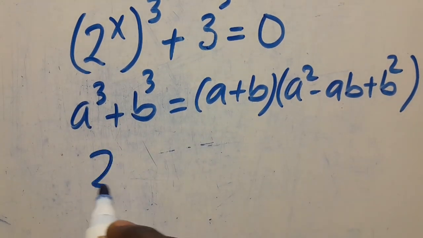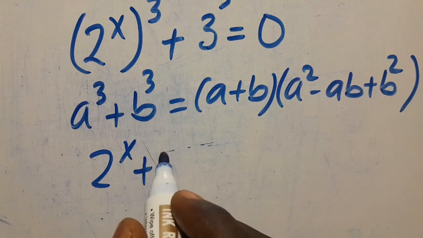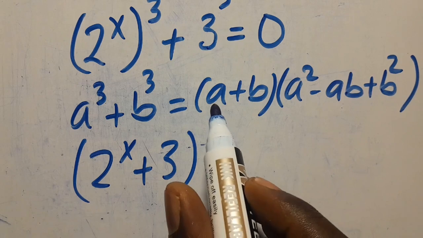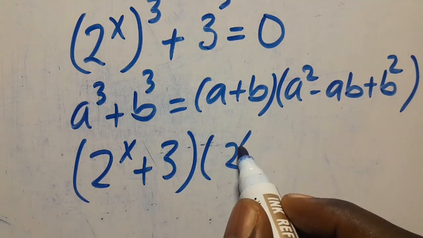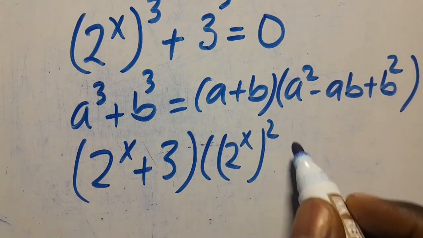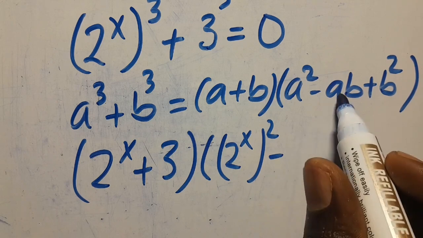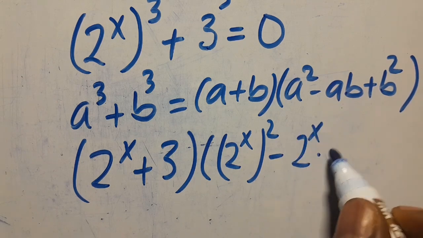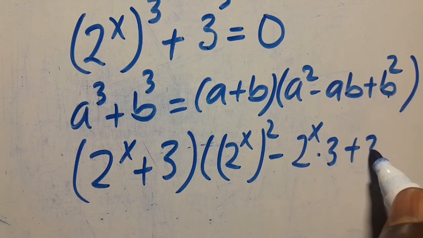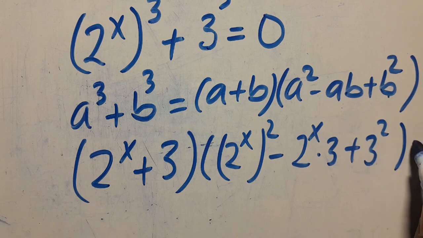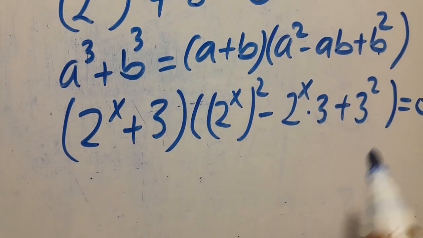So here will be 2 to the power of x plus 3, multiplied by 2 to the power of x squared minus a, which is 2 to the power of x, multiplied by b, 3, plus b, 3 to the power of 2. Then we set everything equal to 0.